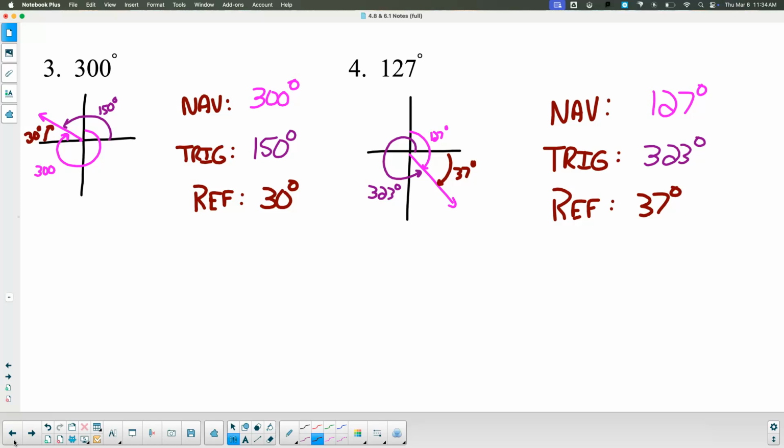So this is what the question's going to come in, this is what your answer is going to leave in. In between, you use these two. A 300-degree bearing doesn't mean you just type in 300 degrees on your calculator. You have to convert that over into a trig angle in order to use your calculator.